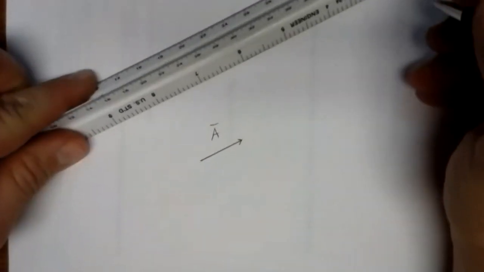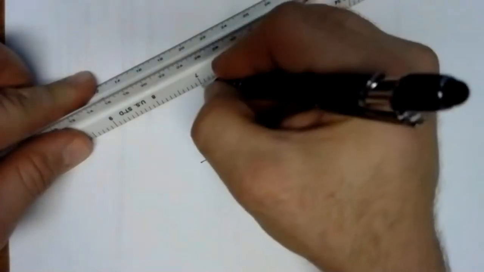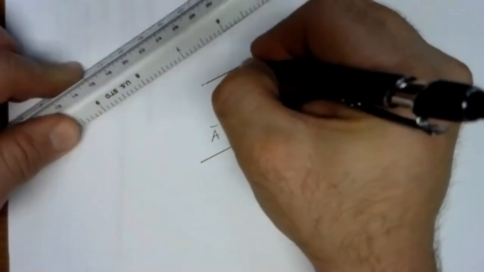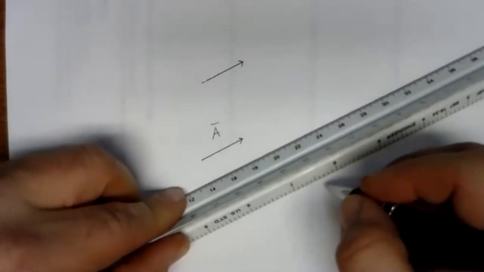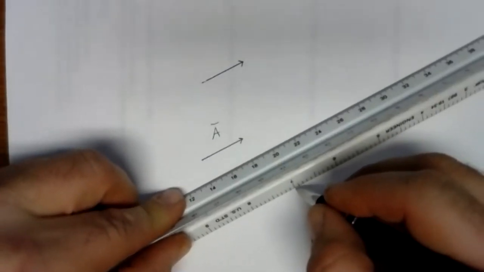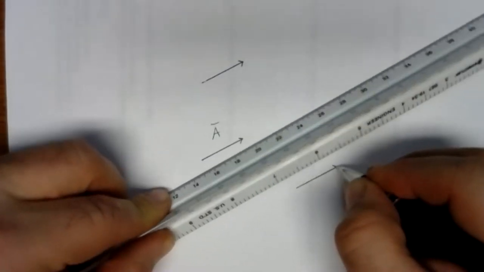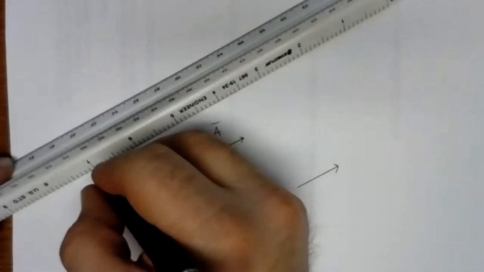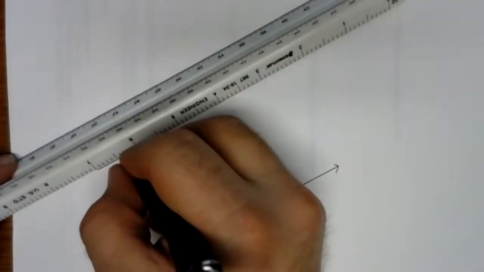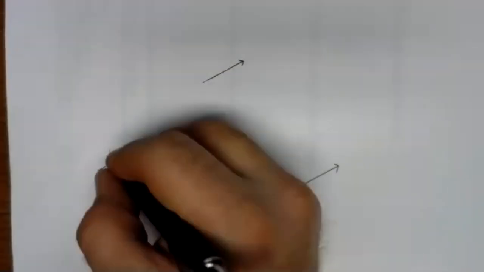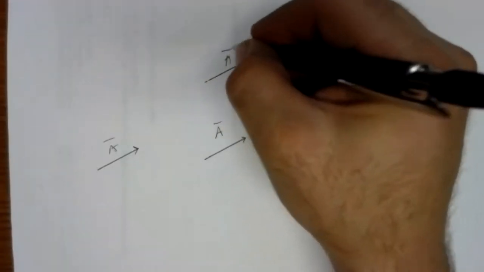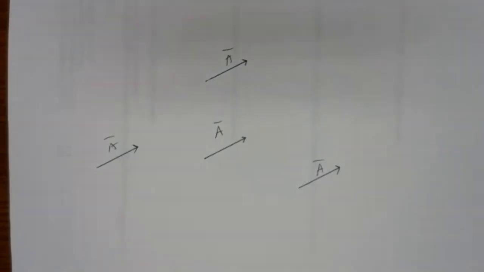So no matter where I draw a 1 inch long vector pointed in that direction to the upper right, these are all the same vector. So these are all properly labeled A. These are all the same vector.